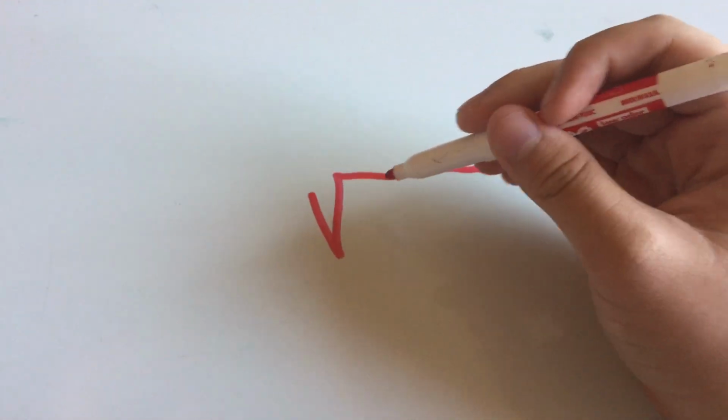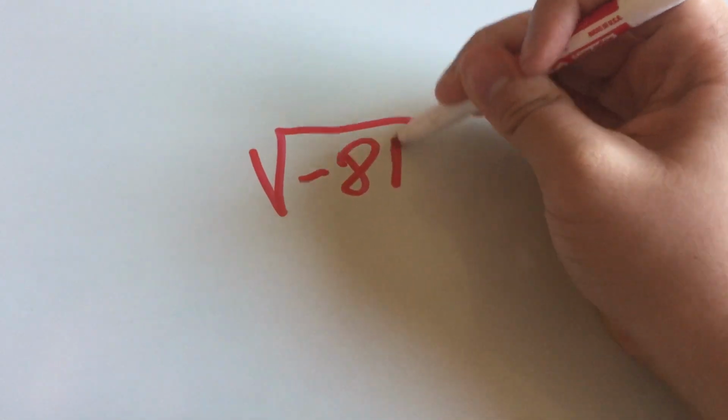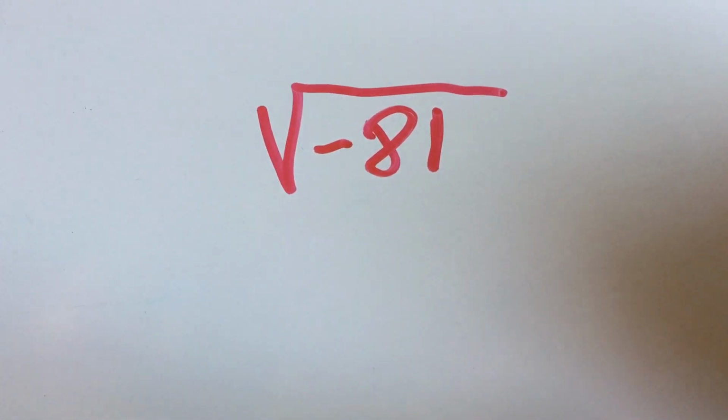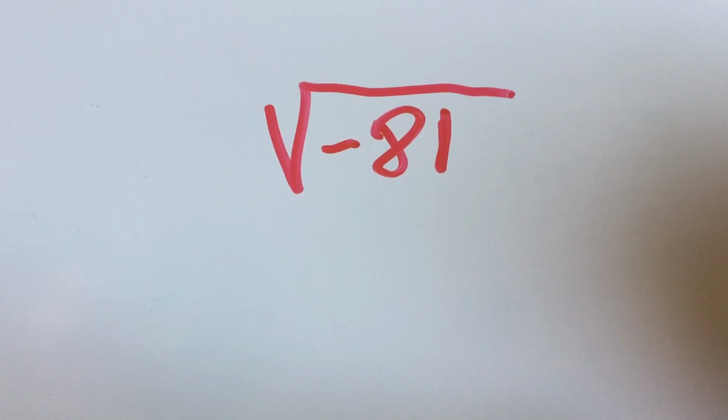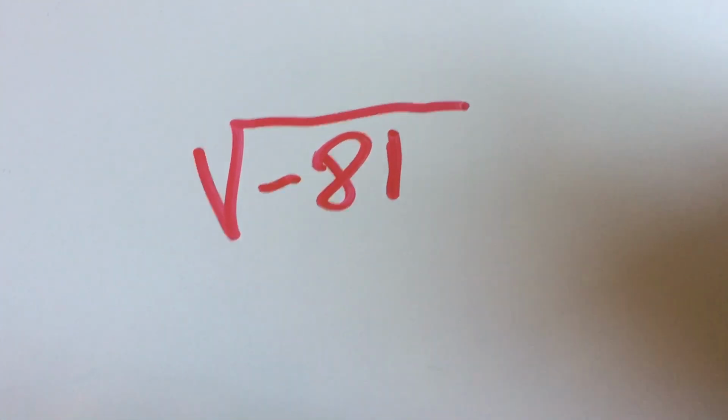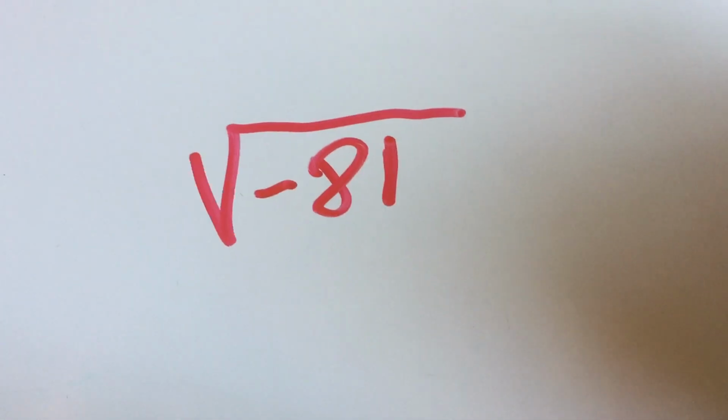Now, you should practice on your own. I'll give you a problem: the square root of -81. Use the product property of radicals to simplify it. I'll give you a second to figure this out if you want to pause the video.